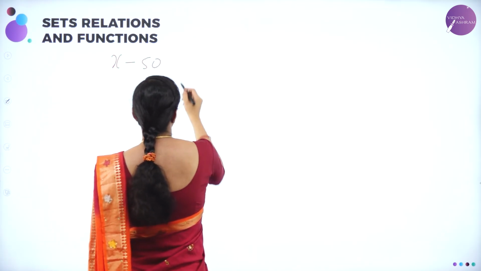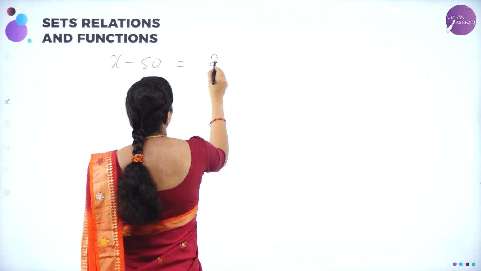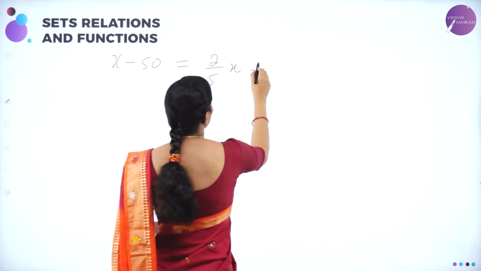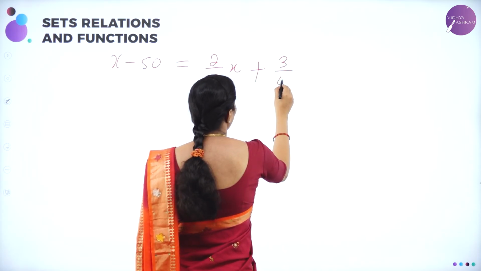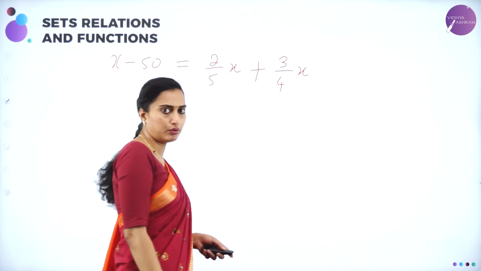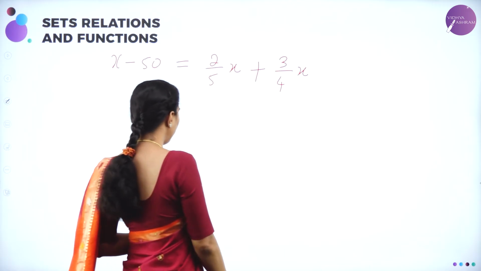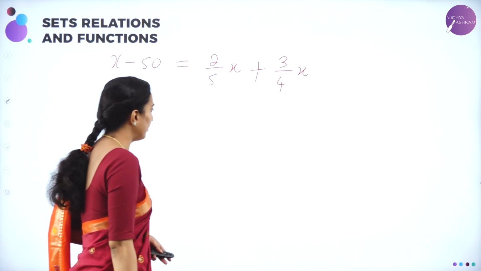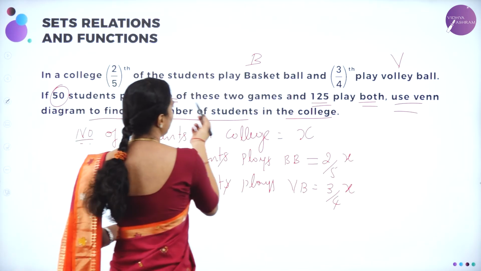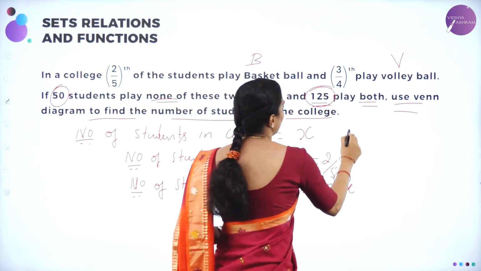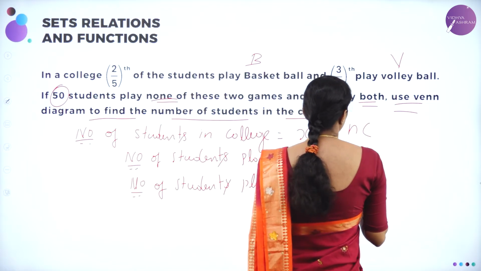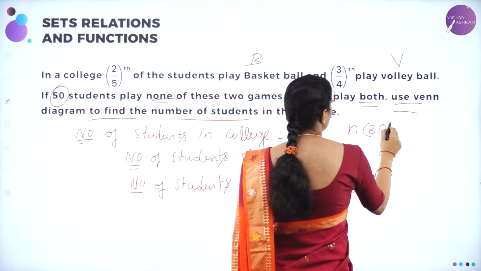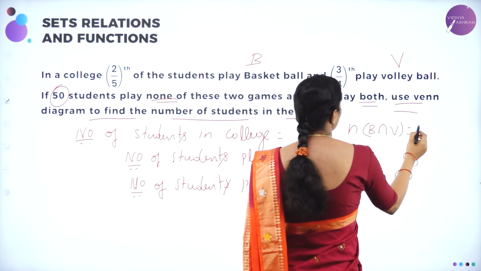This is equal to those who play only basketball plus those who play only volleyball. Correct? So what do we need to find out there? And then those who play both, they have given. See, both of them they have given. How many students? 125. So N of 125 will play both. That is C, basketball intersection volleyball, which is nothing but 125.